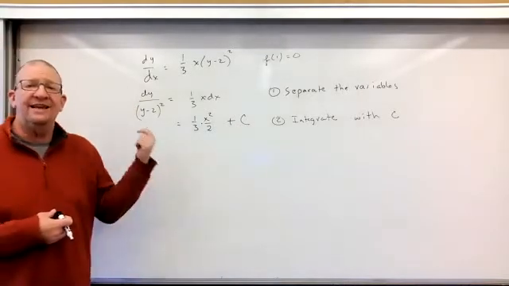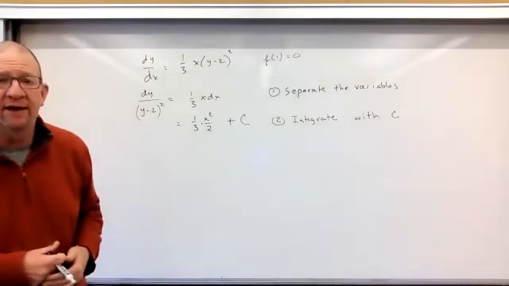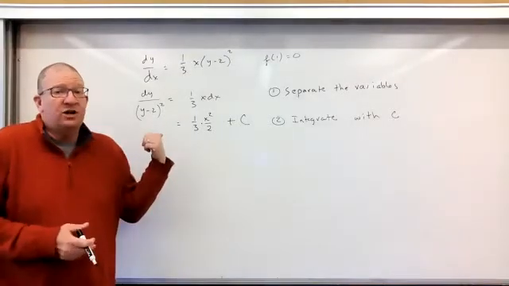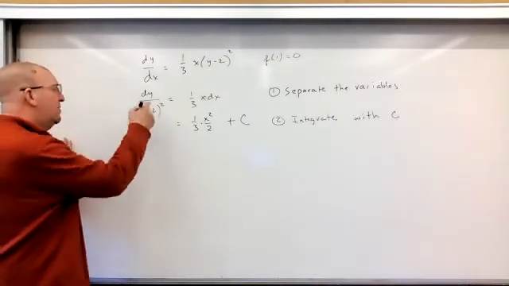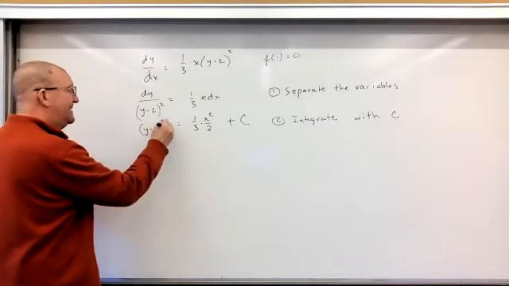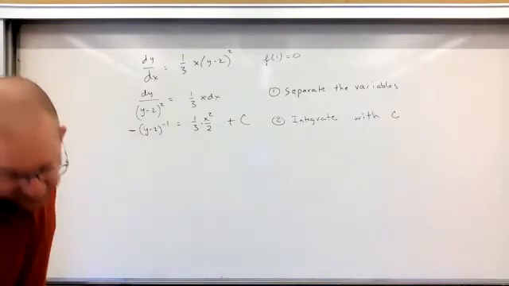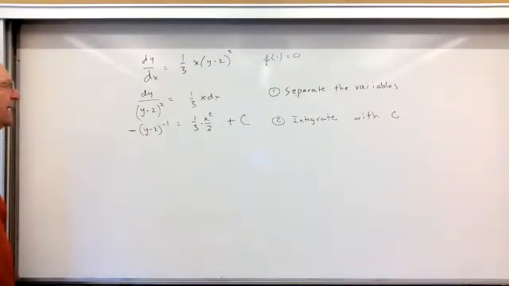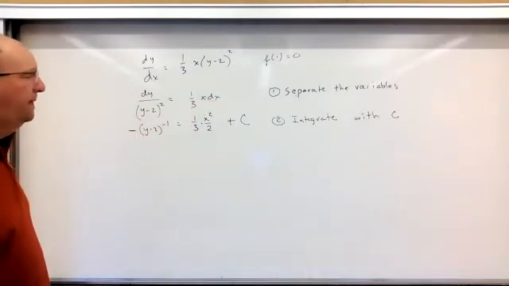As soon as students see dy over an expression like this, they go natural log. But this is not natural log, is it? This is a -2 power. So when you integrate this, you're going to have (y minus 2) to the -1 with a negative out in front of it. And that's when you integrate with the C.